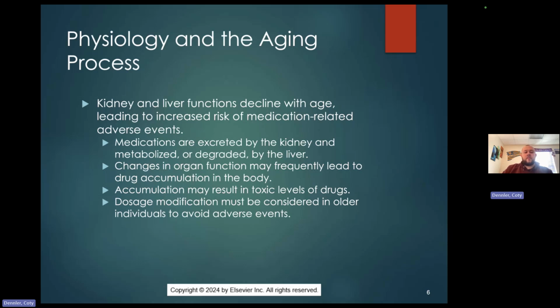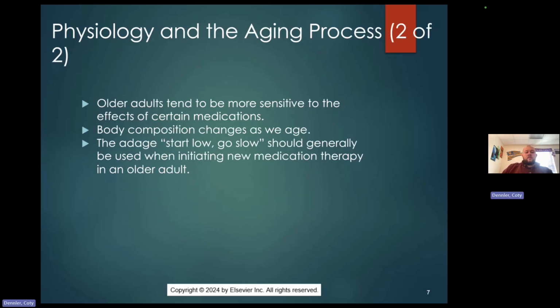So older adults tend to be more sensitive to certain medications than younger adults, because their metabolism can't ramp up as fast to deal with dosages. Sometimes you'll see that older adults are given much lower doses of medications than younger adults to make it work pretty much exactly the same.